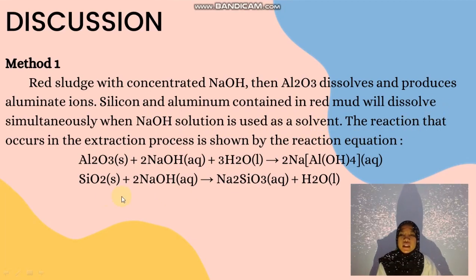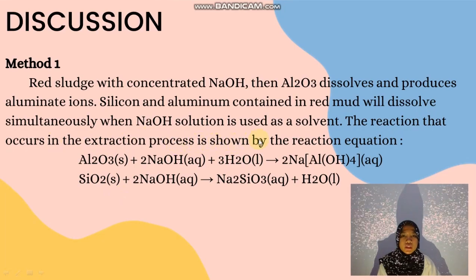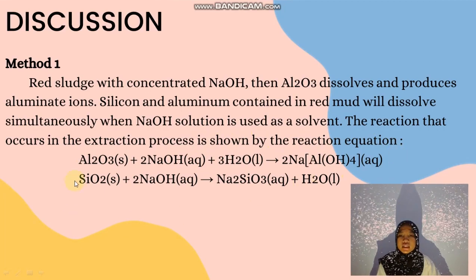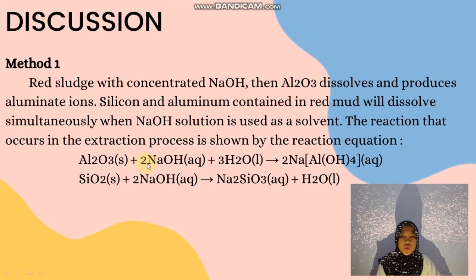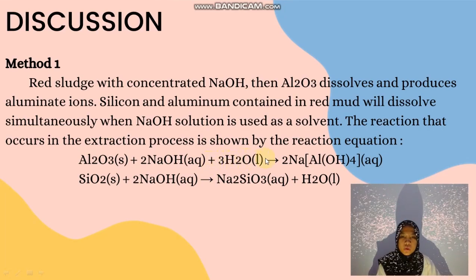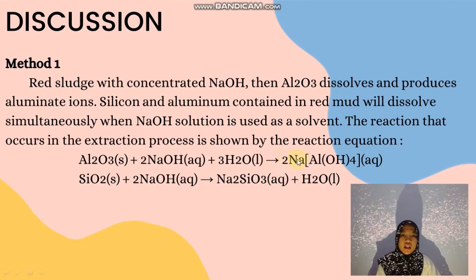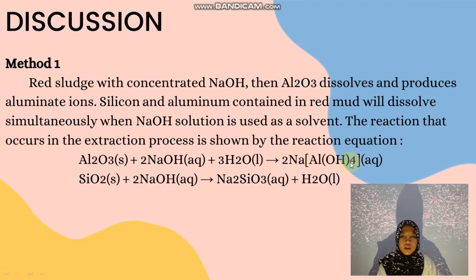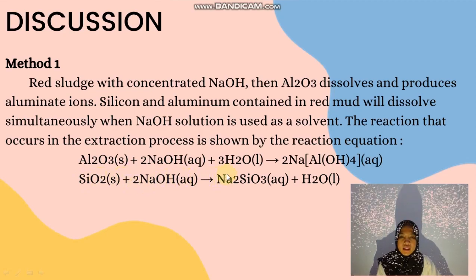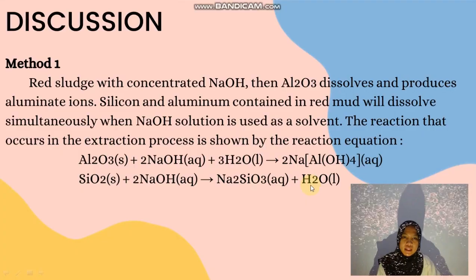The reaction that occurs in the extraction process is shown by the reaction equation. Al2O3 plus 2 NaOH plus 3 H2O produces 2 NaAl(OH)4. SiO2 plus 2 NaOH produces Na2SiO3 plus H2O.